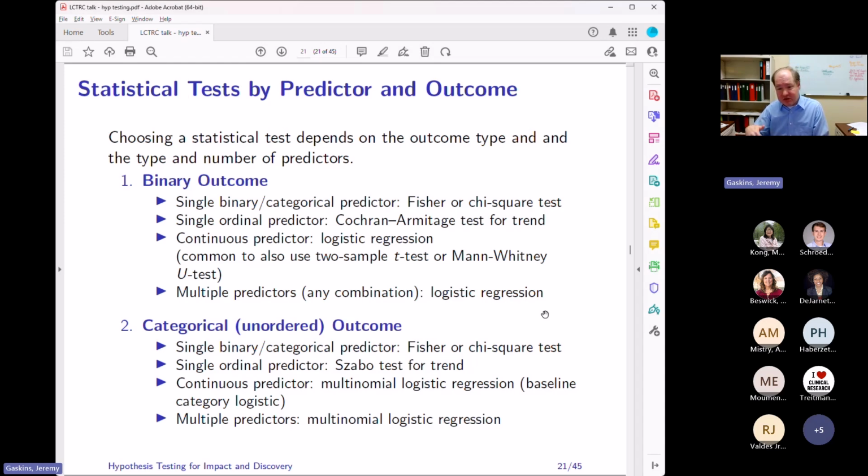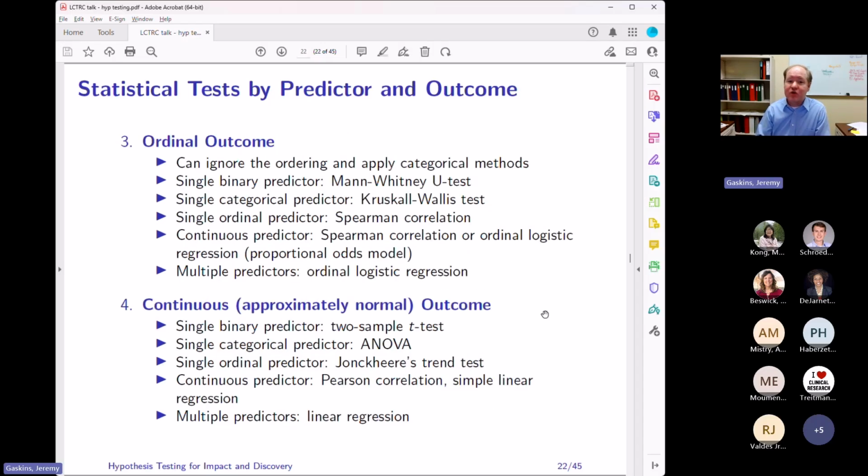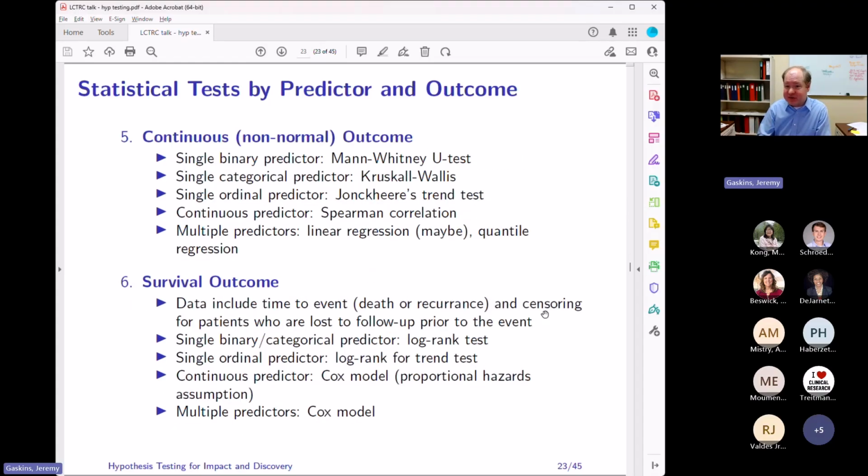And so, you can find a table or list like this anywhere, but certainly, depending on what outcome I have, whether it's binary or unordered categorical, whether it's ordinal, whether it's an approximately normal continuous, whether it's a continuous that's not normal, or a survival outcome, right?